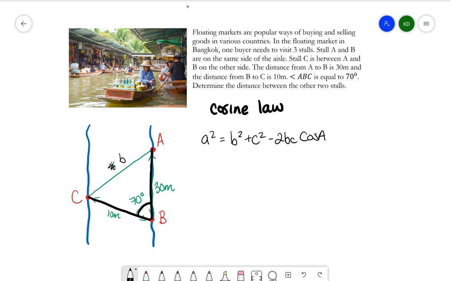Capital A would be across from lowercase a, and capital C is across from lowercase c. What I'm actually solving for in this question is b. So I have b squared equals a squared plus c squared minus 2ac multiplied by cosine of b. Capital B should always be across from lowercase b.